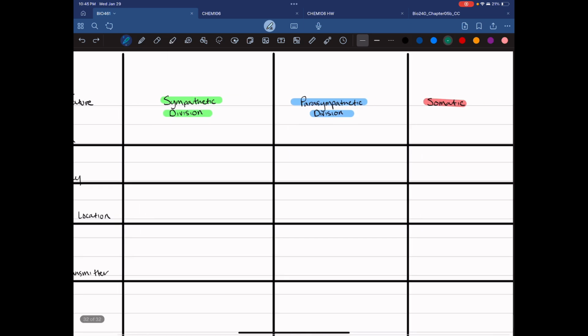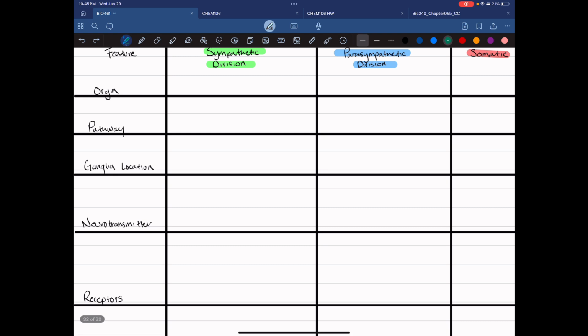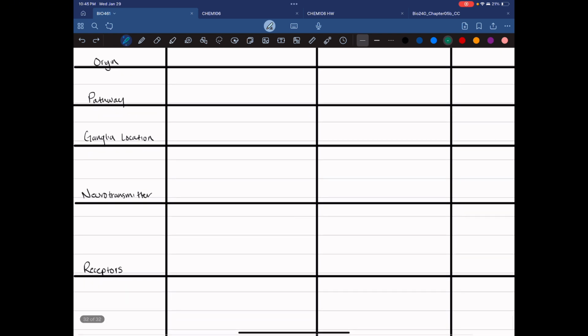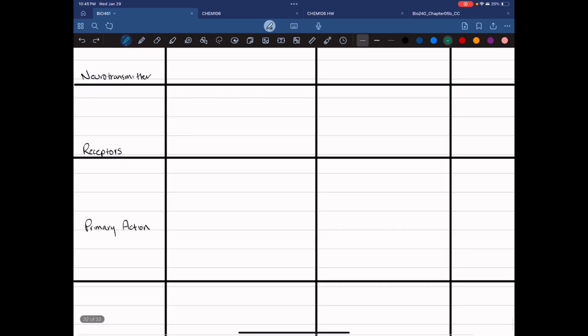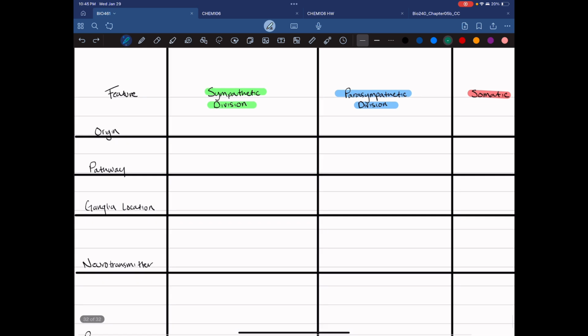For each division, I want to talk about the origin in the central nervous system and the number of neurons in the pathway. I'm going to look at the ganglia location, the type of neurotransmitter associated with it, the type of receptors associated with it, and the primary actions.